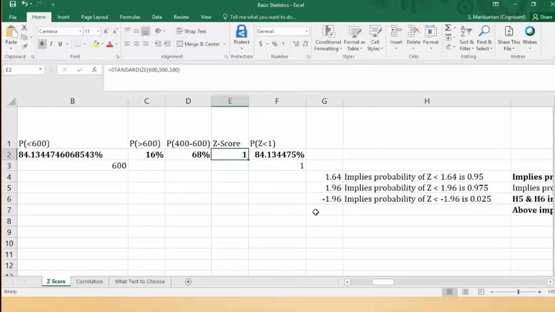So the probability of x being less than 600 is the same as the probability of z being less than 1 for this problem. If you have only the z scores in place of the actual values, then in place of the NORM.DIST formula, you use NORM.S.DIST to calculate the probability. You can see the probability of z less than 1 is also 84% in this case.